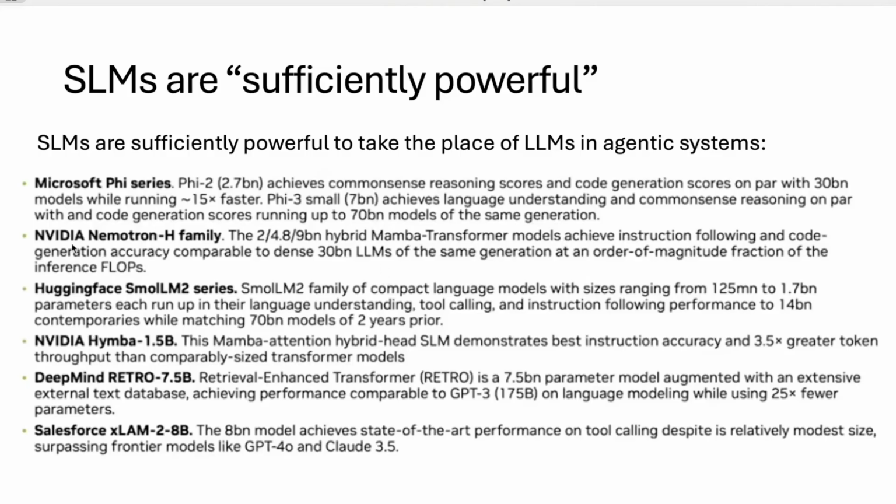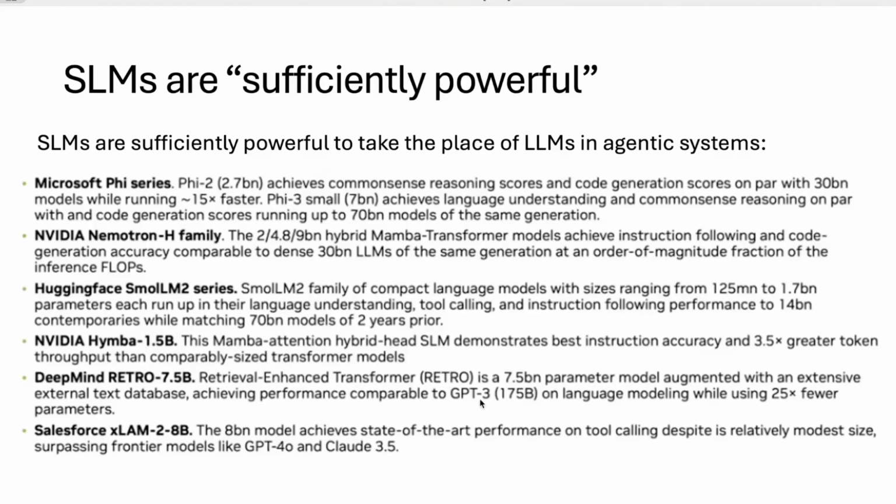And you also see that NVIDIA has a series of small language models, even using a new architecture, like Mamba transformer models, able to achieve performance comparable to 30 billion models. DeepMind also has its own SLM called the Retro 7.5 billion model, a retrieval-enhanced transformer.